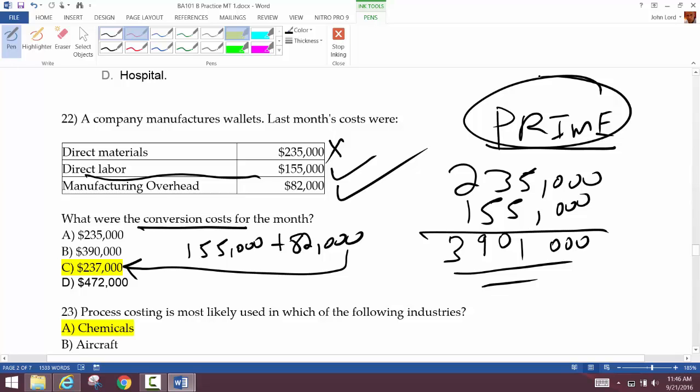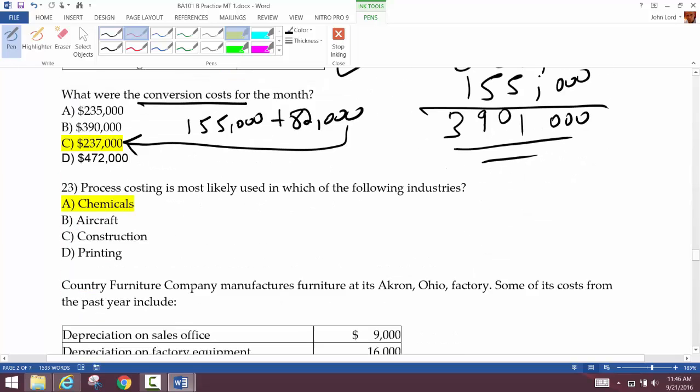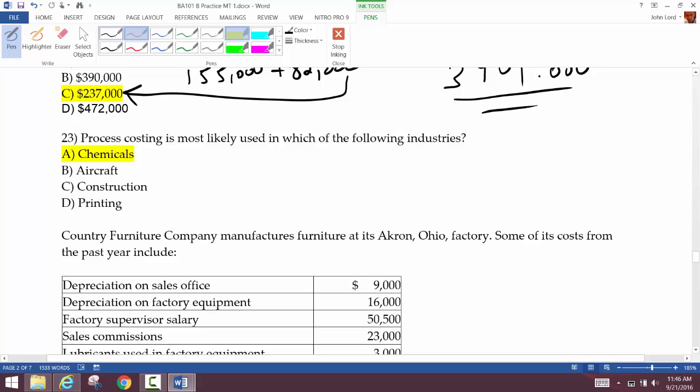Okay? All right. Process costing is most likely used when we are producing chemicals. When you're making bug spray, you don't sit there and say, what's the cost of each can of bug spray, right? You just make the bug spray and use process costing. These others, aircraft, construction, printing, right?